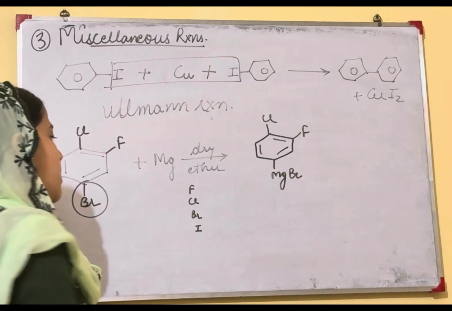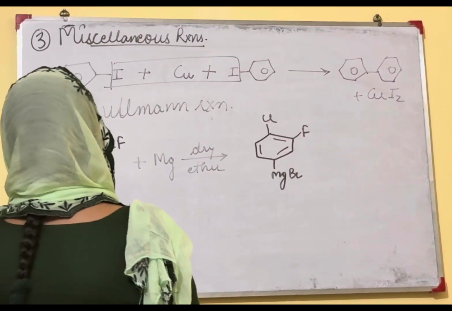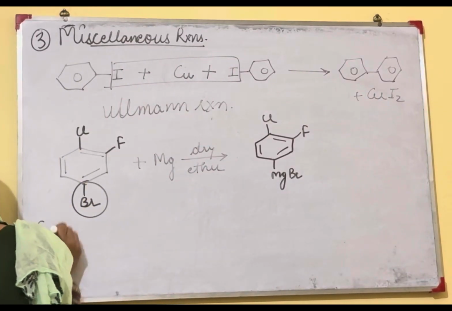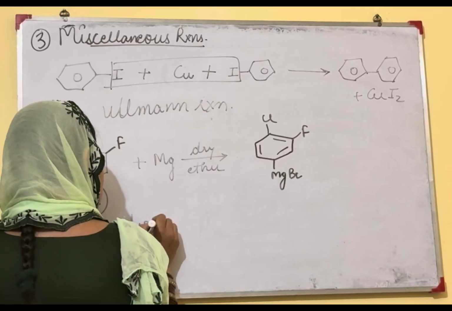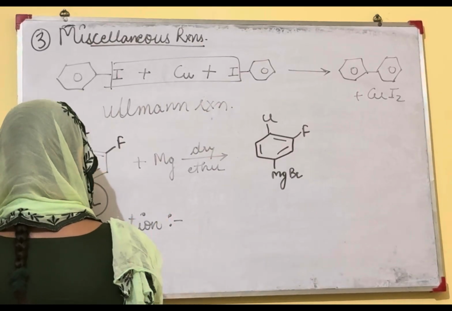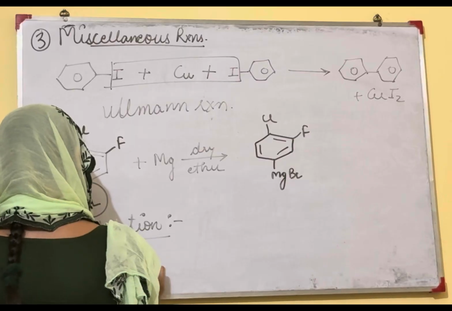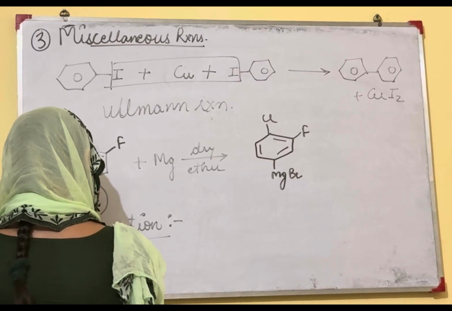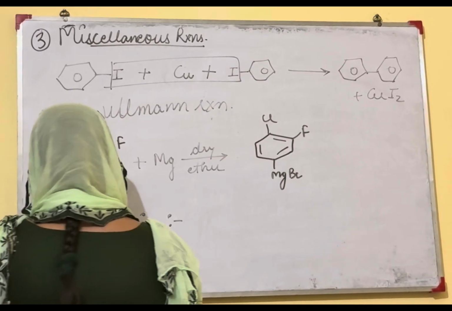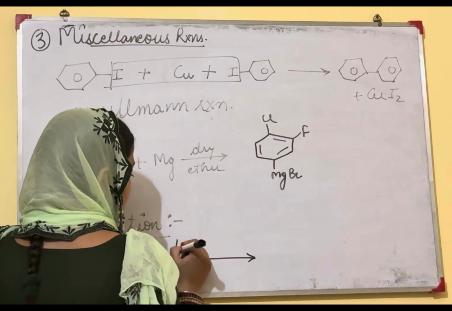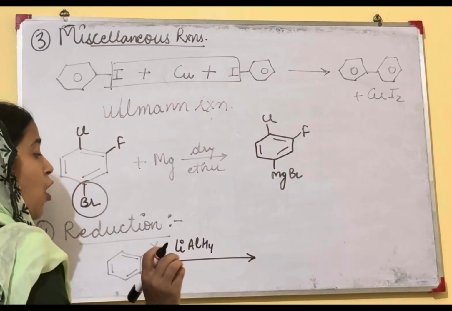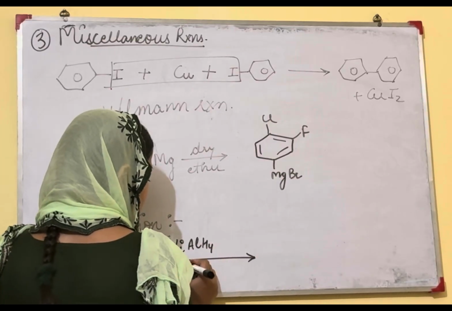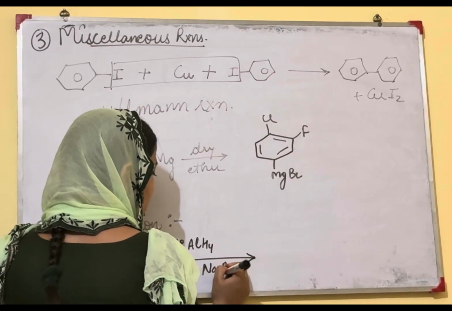Now after this there is another reaction, reduction reaction. It will take place at certain specific conditions. What will happen if there is a halogen? It will take place at specific conditions, or we can use a very strong reagent, lithium aluminium hydride, nickel sodium alloy.